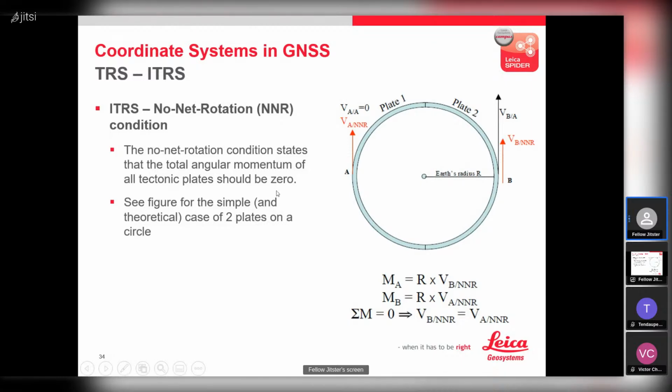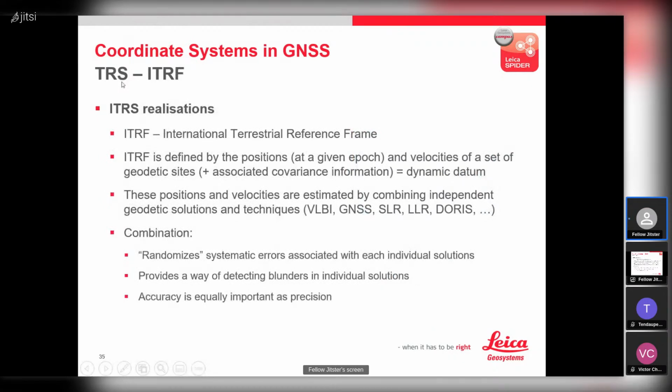So this is the main difference between WGS84 and ITRS, that ITRS is somehow dealing with these tectonic plate motions, and using this no-net-rotation condition, it generates some kind of global frame which minimizes these velocities of tectonic plates. It is used for the realization of ITRS.